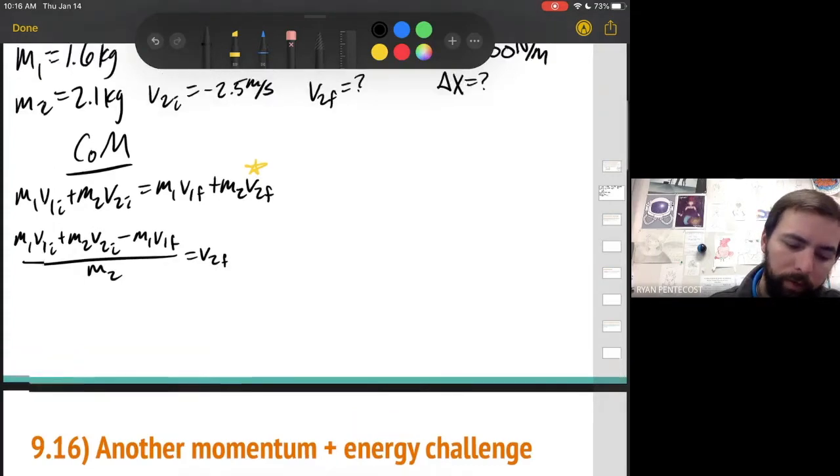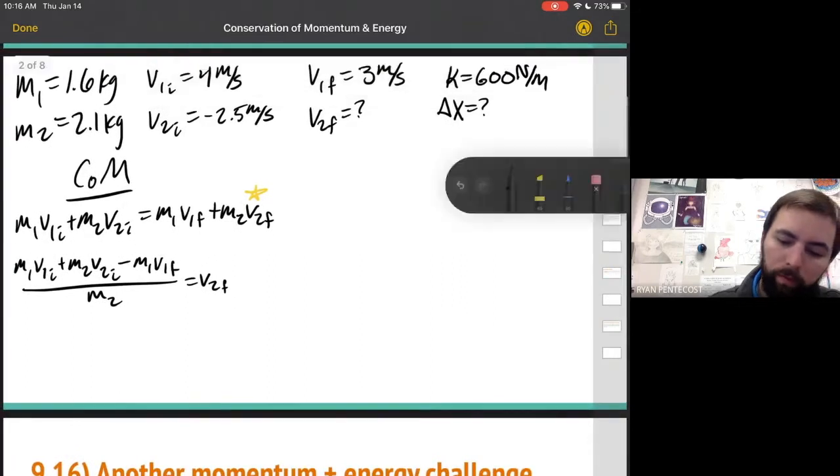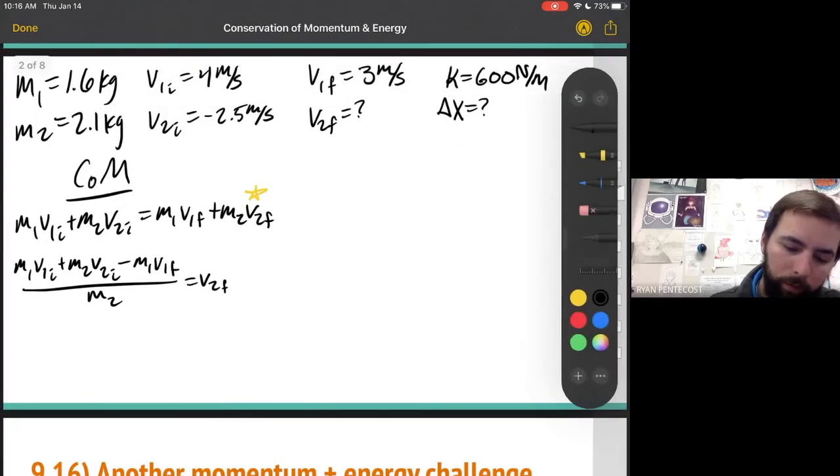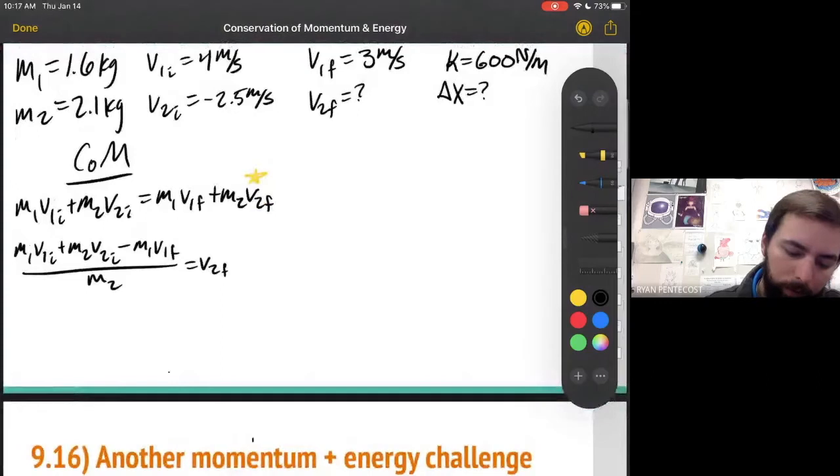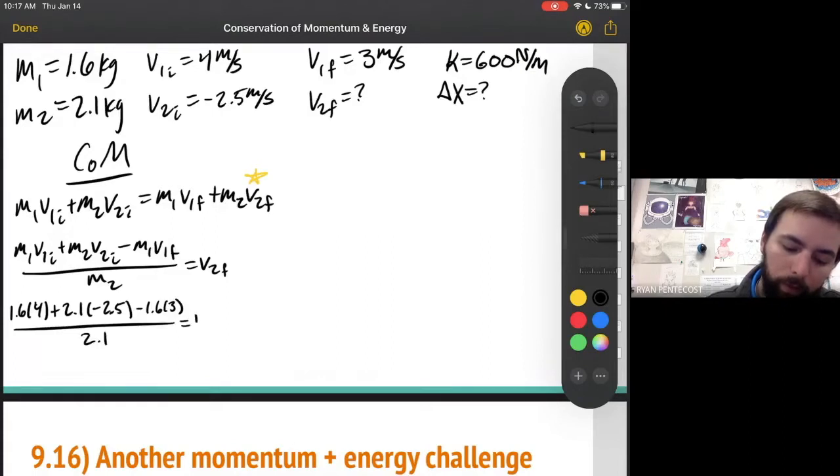So let's put in those numbers. We have 1.6 times 4 plus 2.1 times negative 2.5. Remember, don't forget your negative. Minus 1.6 times 3, all divided by 2.1 equals V2F.